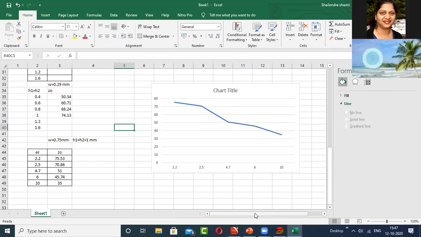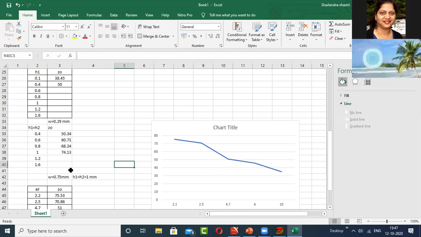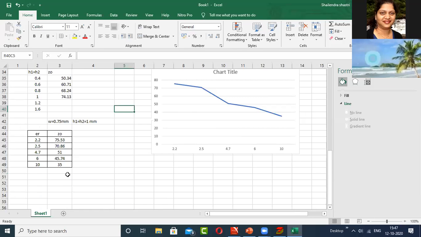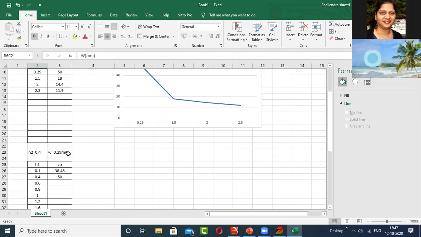Okay, now if you have any query, you can ask. Otherwise, the experiment part is almost done. You just have to note down the kind of parameters which we are going to work on. First, keeping all the parameters constant, you have to demonstrate the relation between the characteristic impedance and the width of the transmission line.